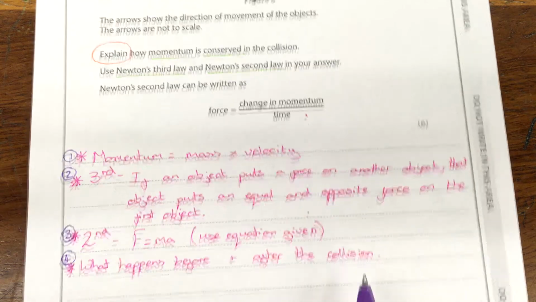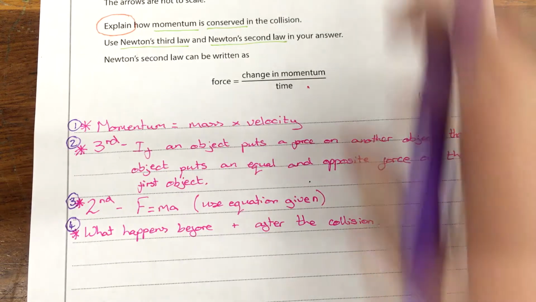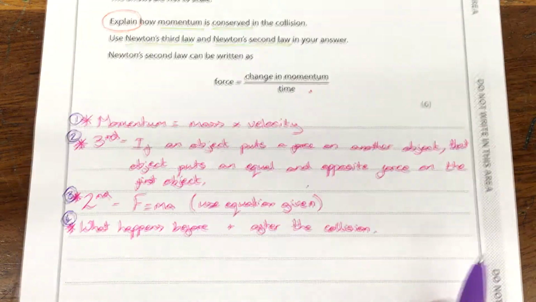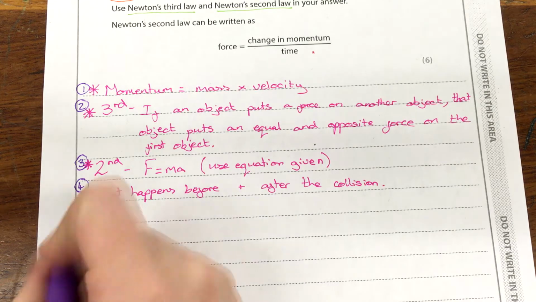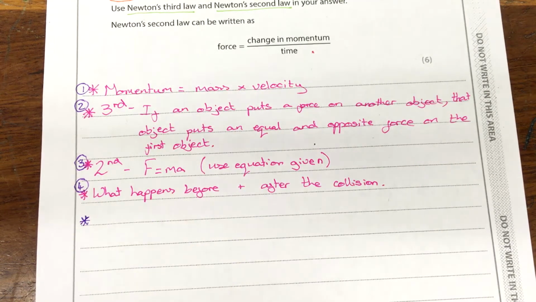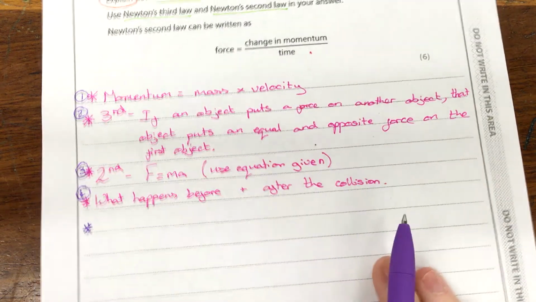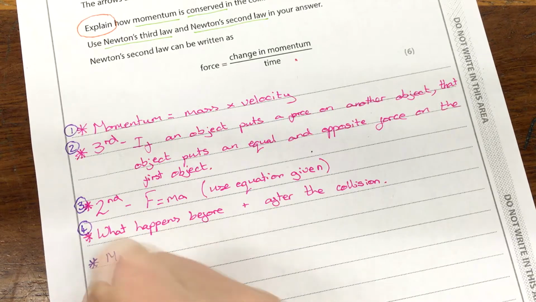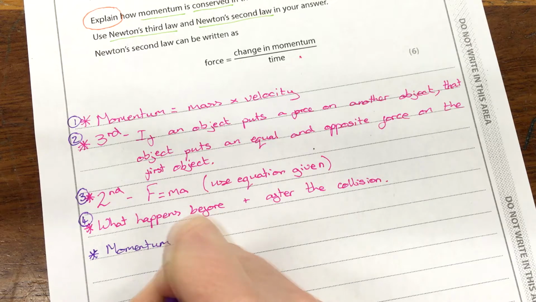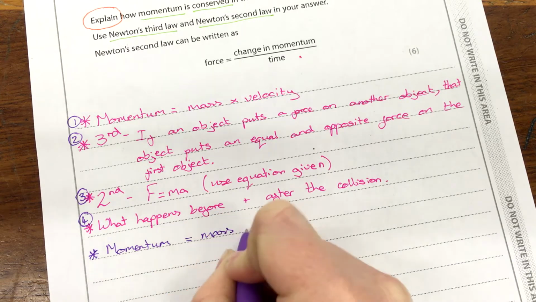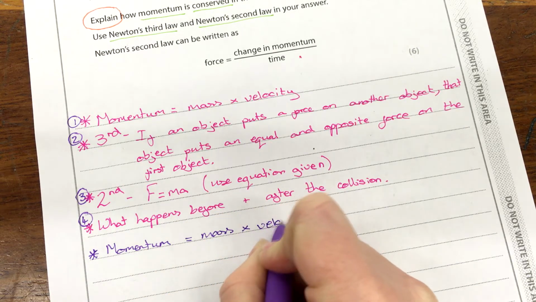Okay, so let's start writing this out then. We don't actually need to write in paragraphs. We can still use bullet points. That's perfectly fine. So for my first bullet point, I'm just going to state what we did up here as well. So momentum is equal to mass multiplied by velocity.